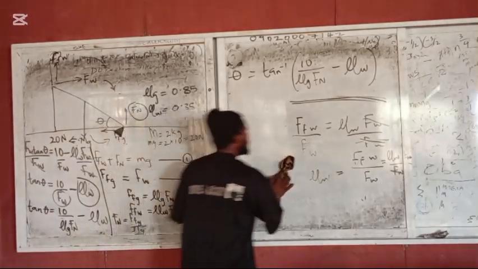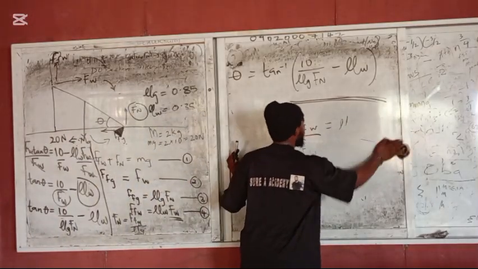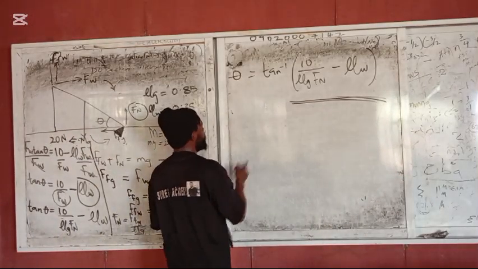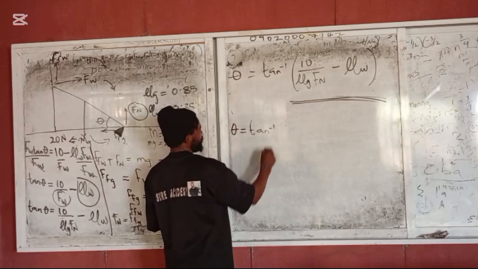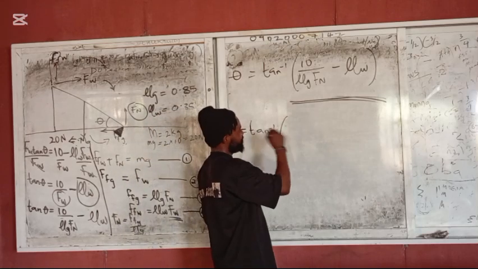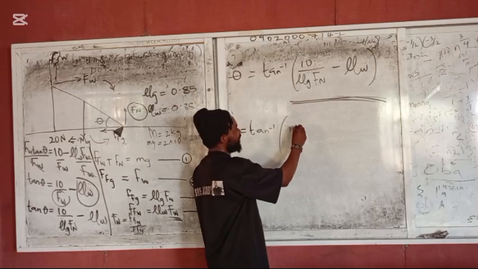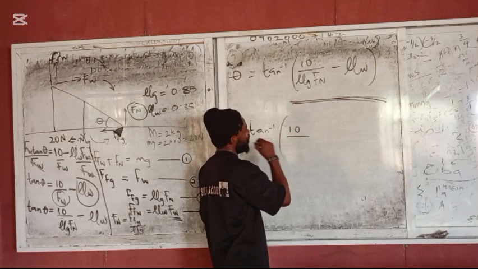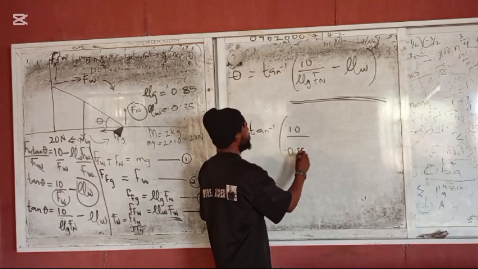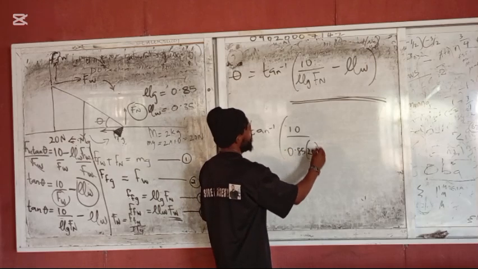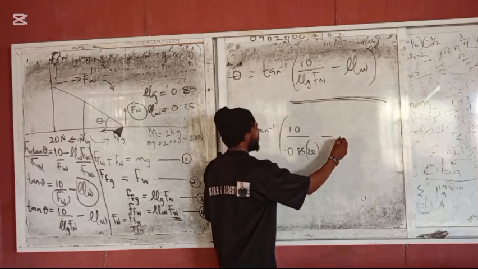Yes. So if I know that, I will now apply it, so that this is going to be theta, the tan inverse of 10 all over 0.85, then times 20 minus.